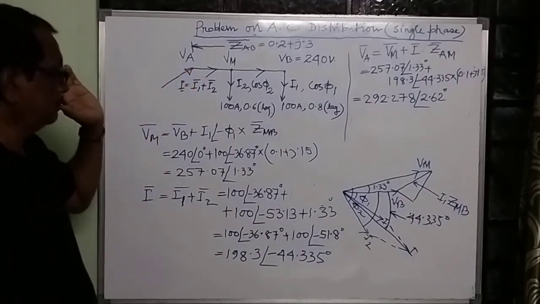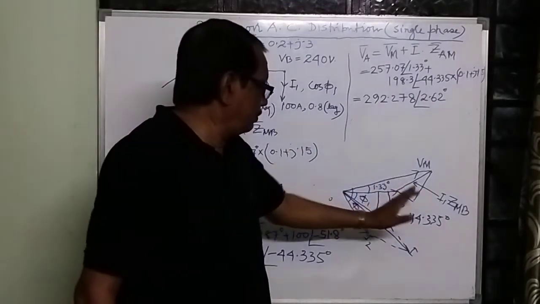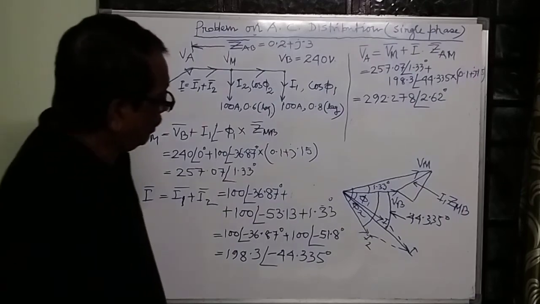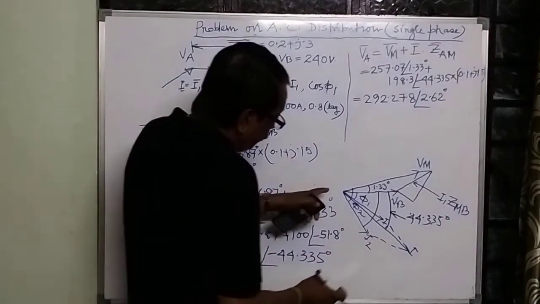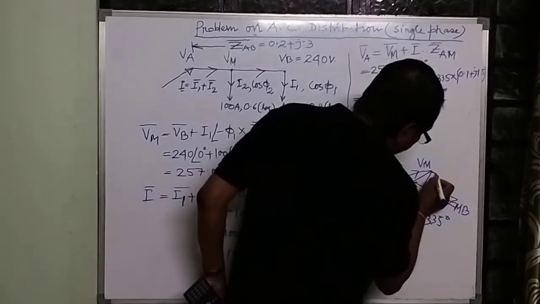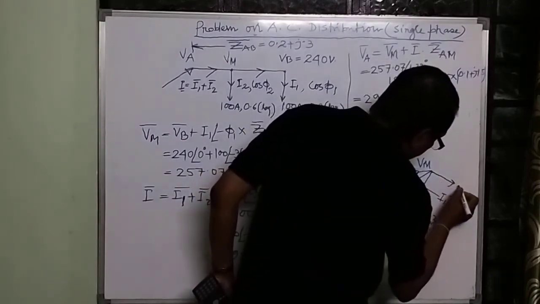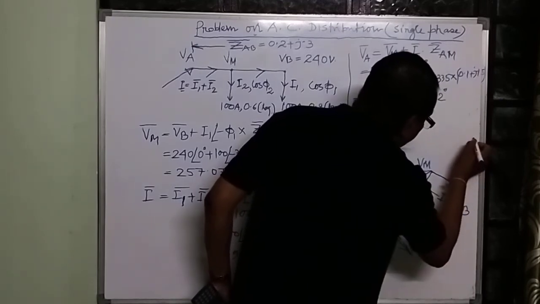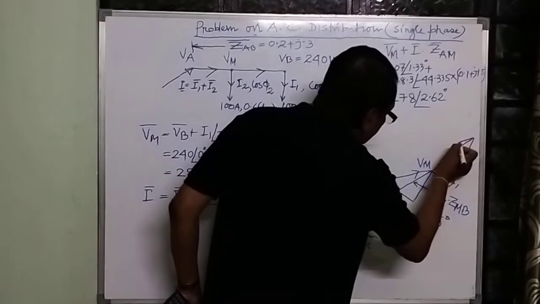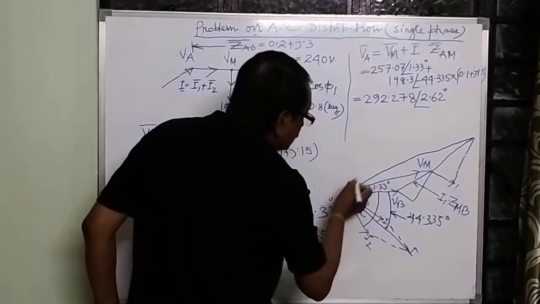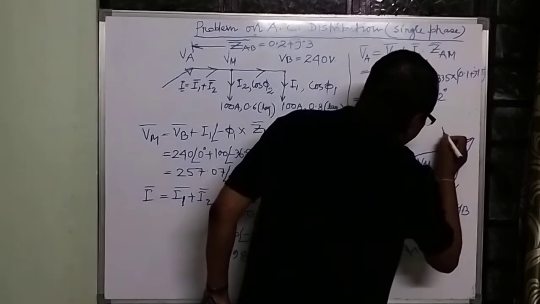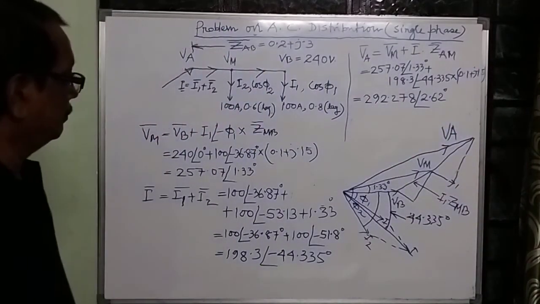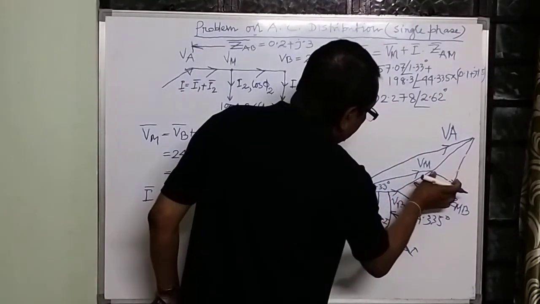Now I complete the full vector diagram. From VM we draw parallel with I this portion. This is a perpendicular here. This is V. There is a drop.